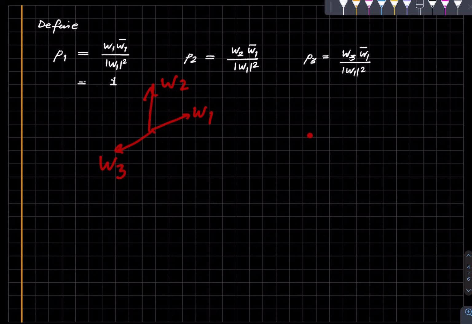What we are doing is rotating, and this becomes the new W1, which is P1. That becomes the new W2, which is P2, and this becomes the new W3, which is P3. So all we are doing is rotating this. But in the process, since we are multiplying by something that does not necessarily have magnitude 1, we may have scaled things. So it is best to scale things so that one of them has magnitude 1. That's the most convenient, and that is why we have chosen the scaling factor as the magnitude of W1 square.